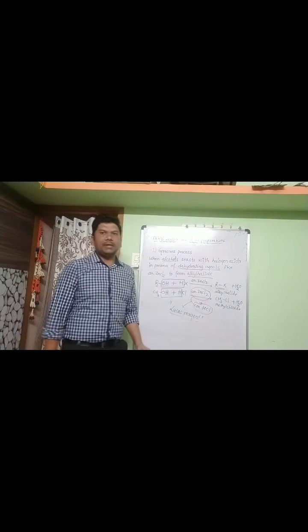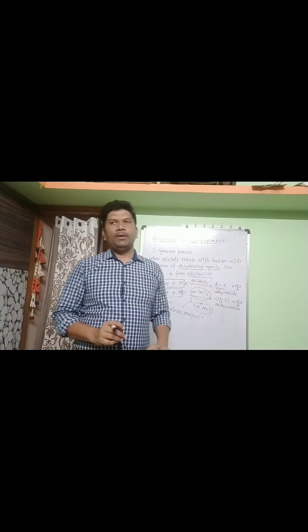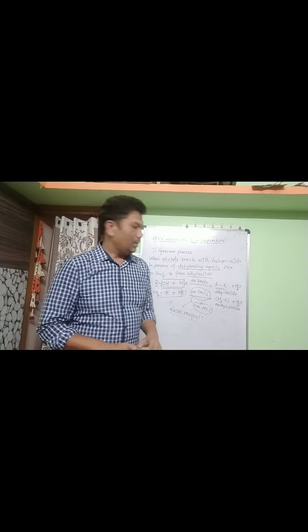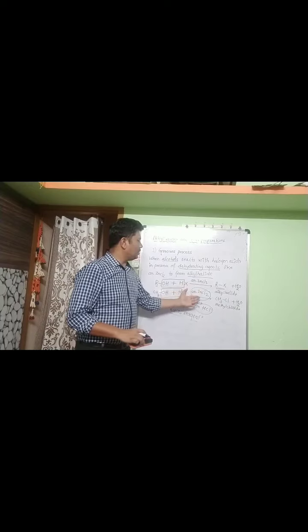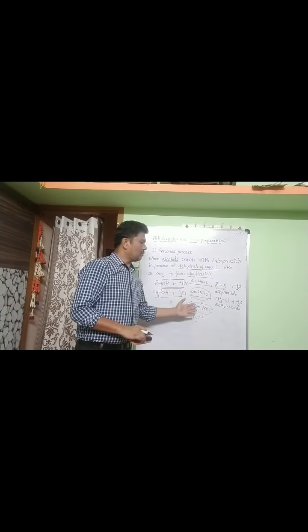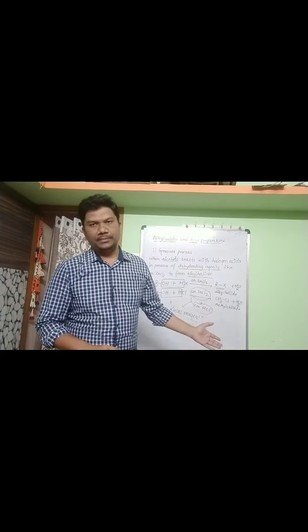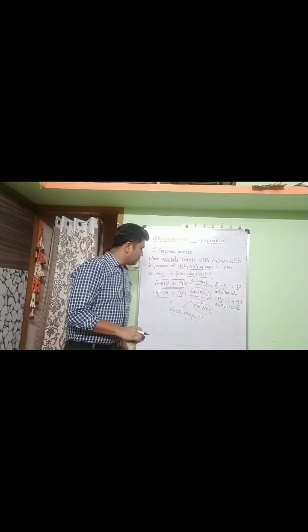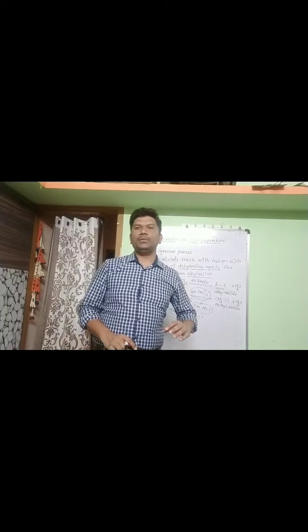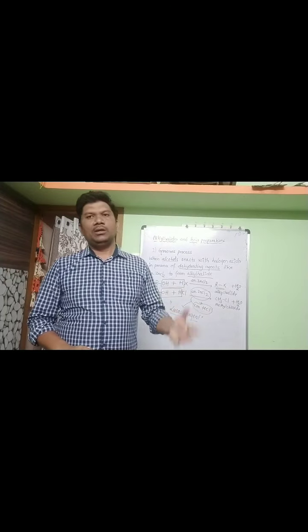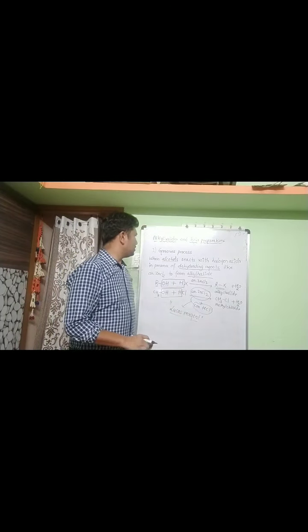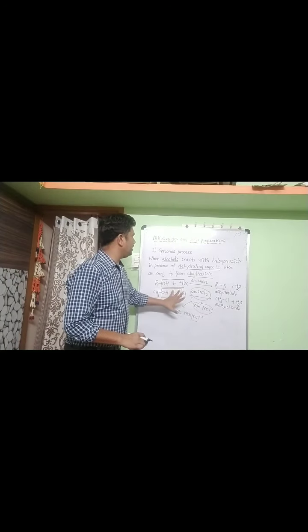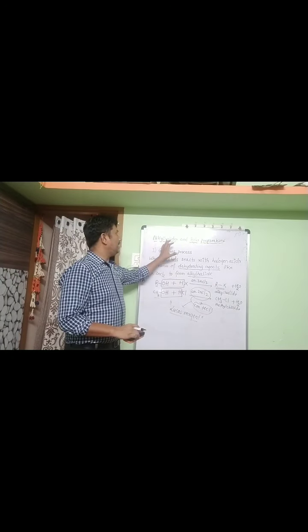So in examination they may ask a 1 mark question, what is Lucas reagent? Lucas reagent means it's a mixture of anhydrous zinc chloride and concentrated HCl. And moreover, this Lucas reagent is used to distinguish between primary alcohol, secondary alcohol and tertiary alcohols. So this is the first method for the preparation of alkyl halide by Gross process.